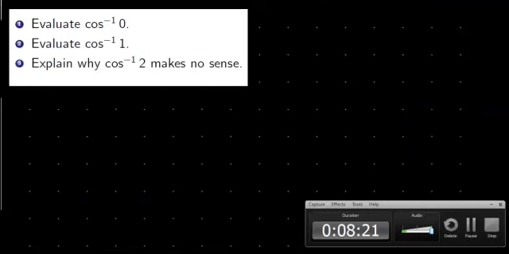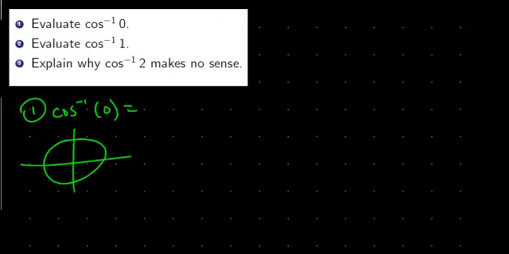Let's do a couple more problems here. Number 1, inverse cosine of 0. Okay? Draw a circle. And when is the cosine 0? Well, the cosine is 0 right there. So that's going to be pi over 2.